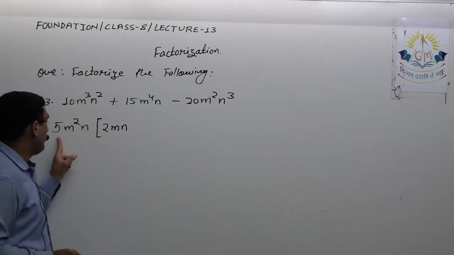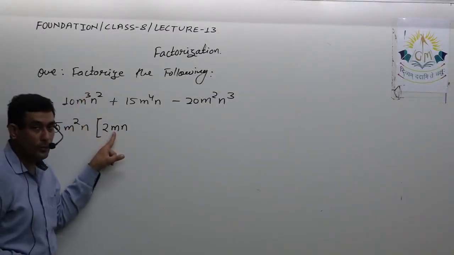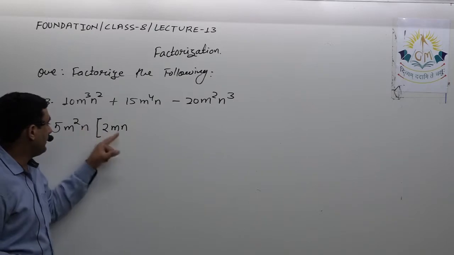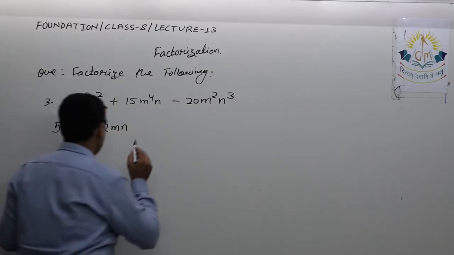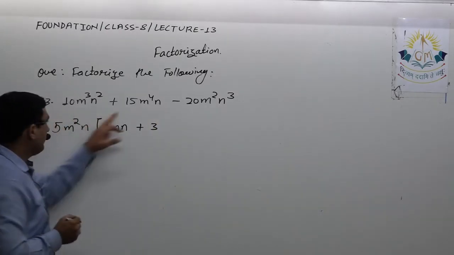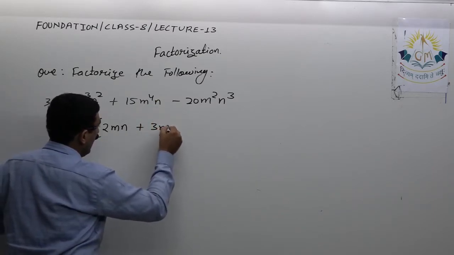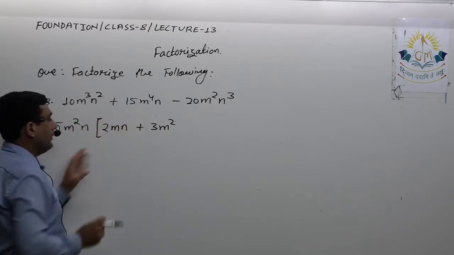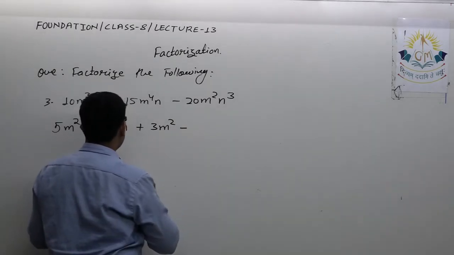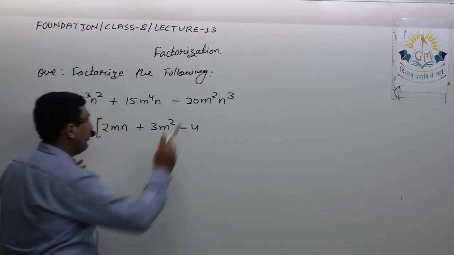Here it was 10, I took 5 common, so 2 will be left over there. m cube is there, I took m square common, so m raised to 1 will be there. n square, here it is n, one n is taken common, so one n will be left in the bracket, plus 3, because 15 is there, 5 I took common, so 3 will be over here. m square, so here it will be m square. n is taken completely common, here it was 1n and that is taken common, so it will remain as it is, minus 4. m square is taken completely common, so no m will be there.